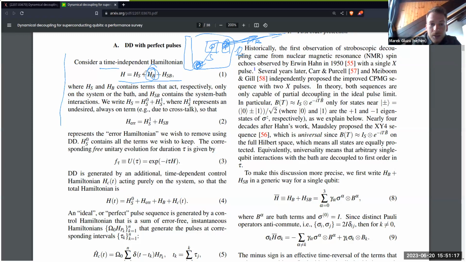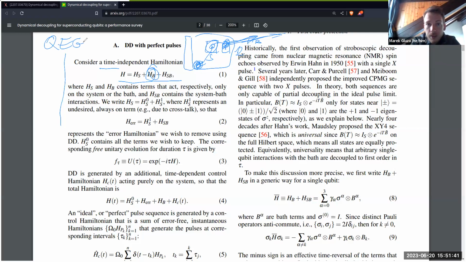You will have a much simpler Hamiltonian for the bath, and I will check in a moment if we have some examples. But that's just kind of the mindset, what we are interested in here. Okay. And so you will have also the qubit HS, which is in the Quantum Engineer's Guide to Superconducting Qubits, and we know by now what kind of Hamiltonians we can get.